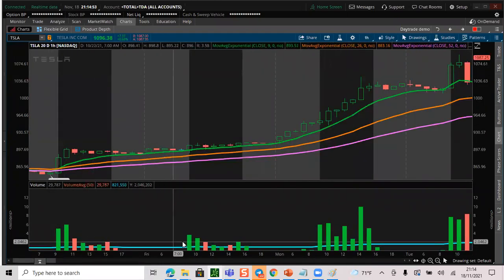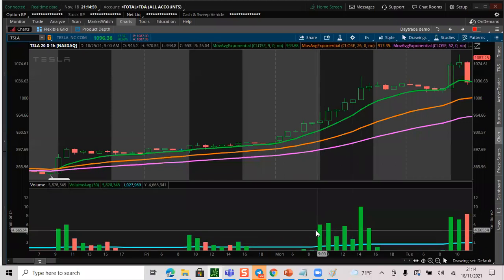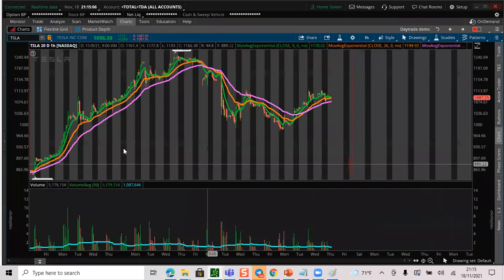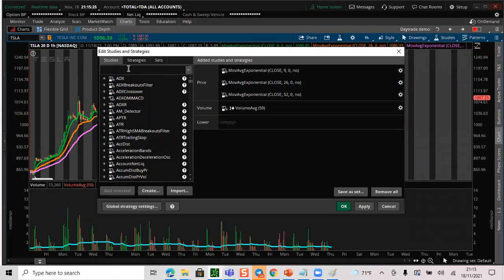See, 9, 10, 9, 10, 9, 10. Wherever it had huge green candles, you can see the stock going up. But you really don't understand the trend of whether people are buying or selling. I understand the stock is going up, so people are still buying it, but how do you read that using an indicator? For that, I'm going to use an indicator called on balance volume.